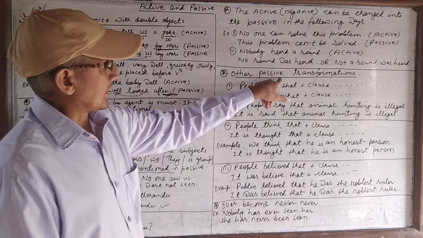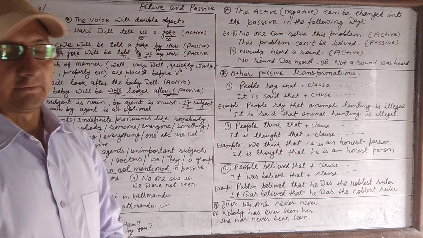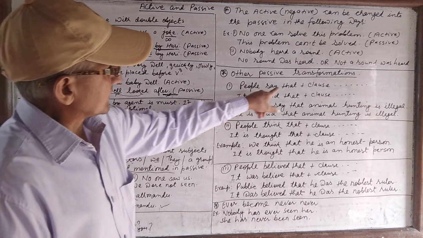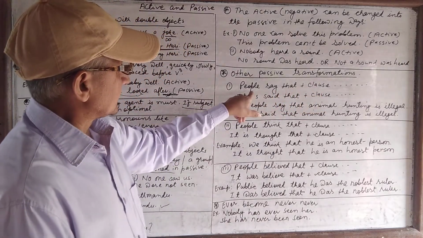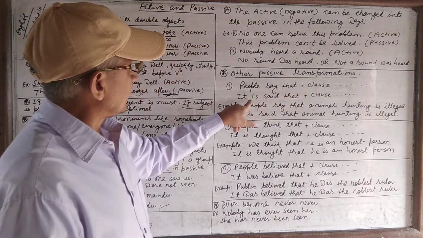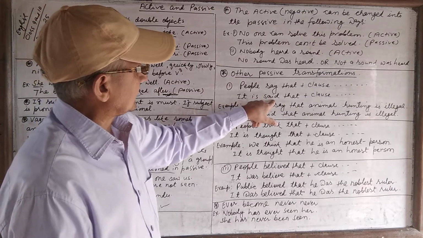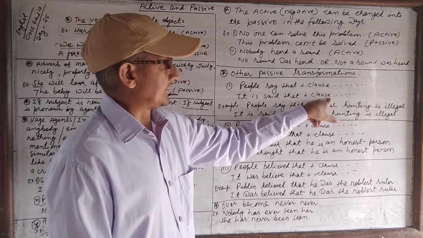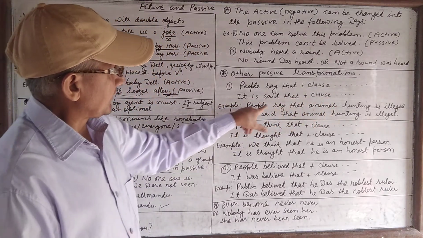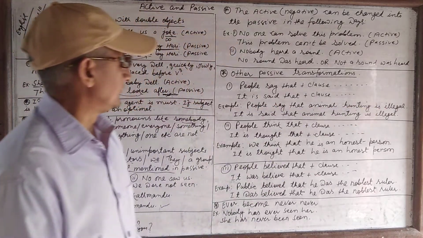Now, other passive transformations. People say that plus clause. If the sentence starts with people say that plus clause, we change into passive like this: it is said that plus the same clause. See the example. People say that animal hunting is illegal.